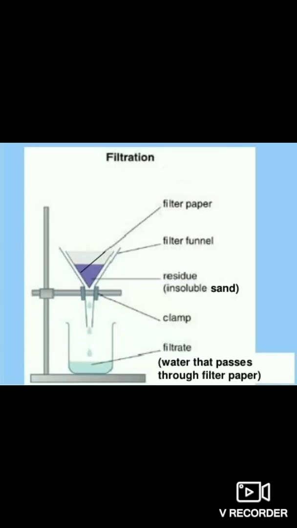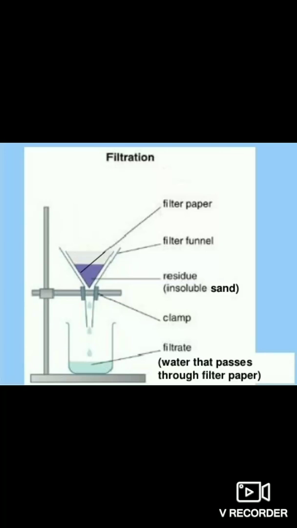Then open it out in the form of a cone and fit it inside the glass funnel, which is shown in purple color in the picture. Now put a few drops of water on the filter paper cone to fit it properly. Fix the funnel in the funnel stand and place a beaker below the funnel. Then stir the mixture and pour it slowly along the glass rod into the filter paper cone.